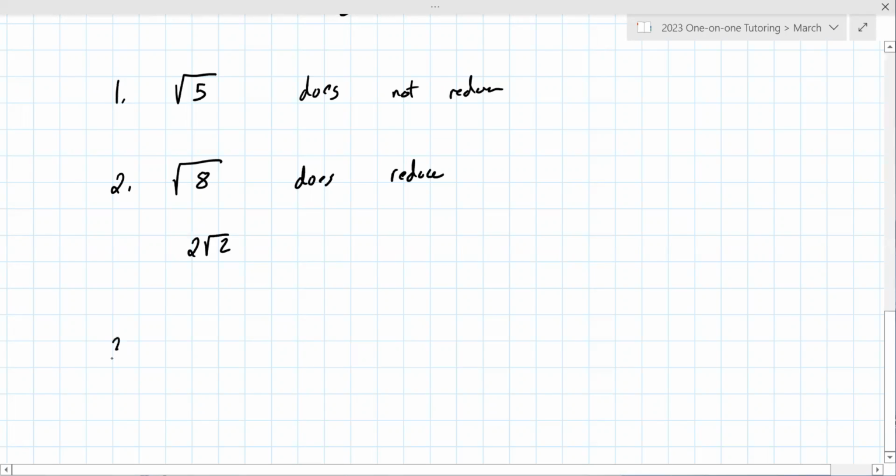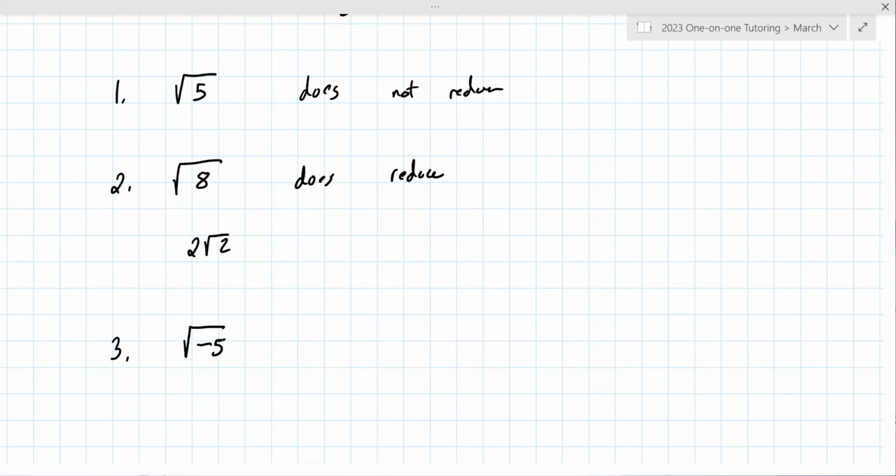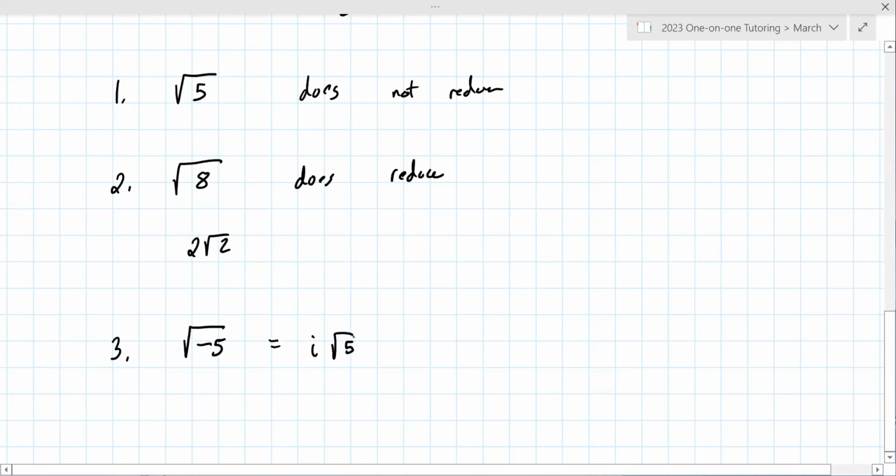Now, we also talked, I think, the other day about the square root of -5. Did you happen to see more of those in your class? Yeah, kind of. All right. And so it's kind of like the first one, but this one, the i comes out: i square root of 5.